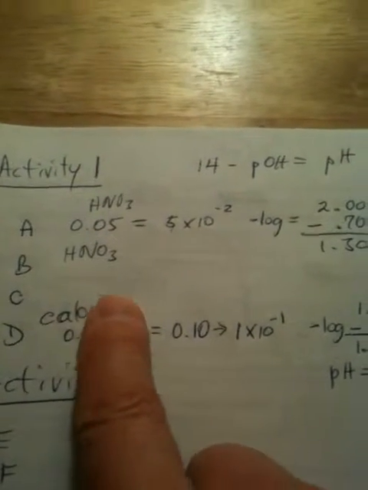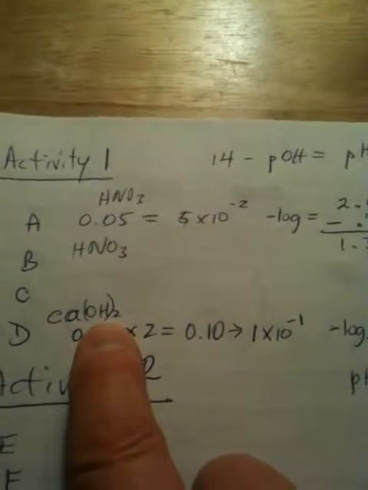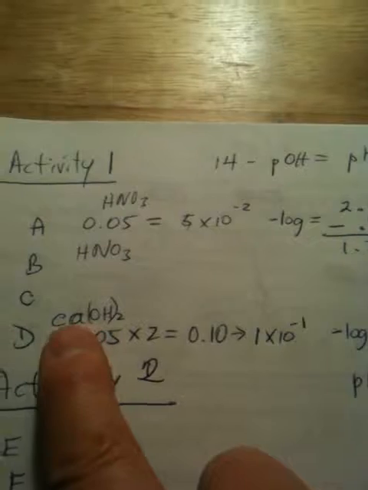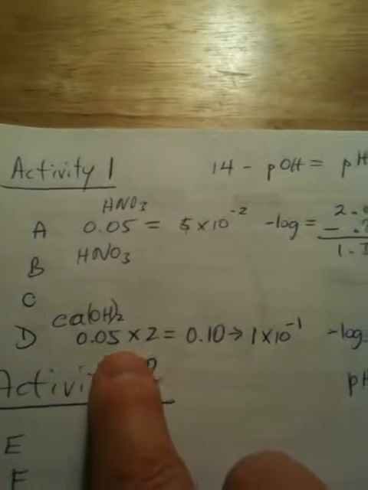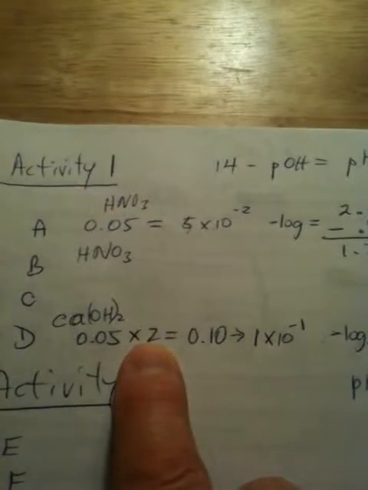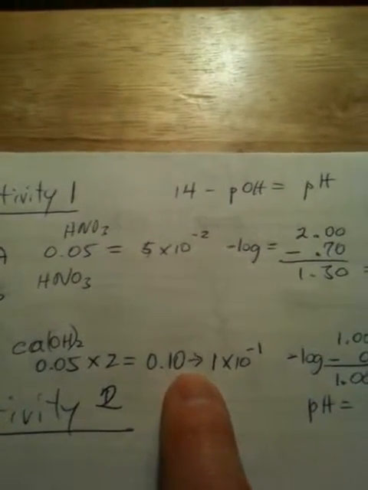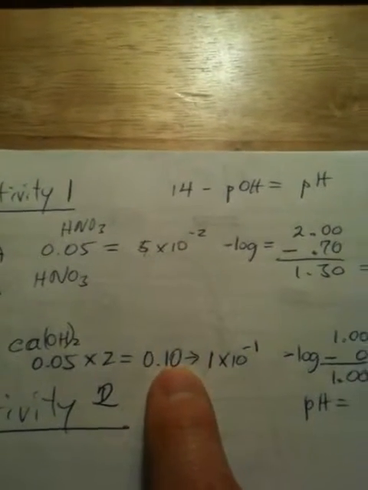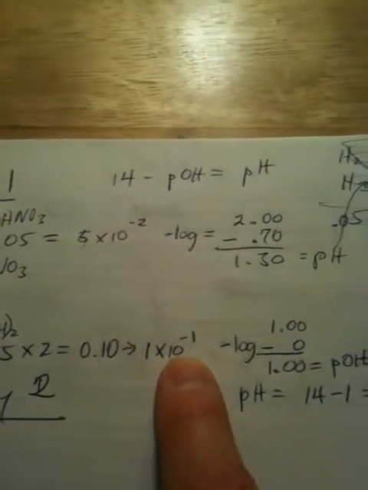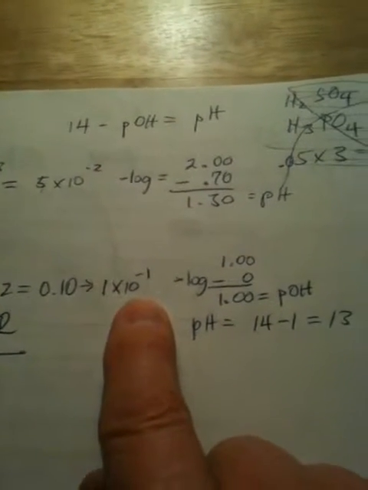Calcium hydroxide is the complete compound, and we have 2 hydroxides in each one of those. So whatever the concentration of this was, I'm going to have twice as much when I'm talking about the hydroxide ions. So I have a 0.1 molar concentration, and in scientific notation, that becomes 1 times 10 to the minus 1.